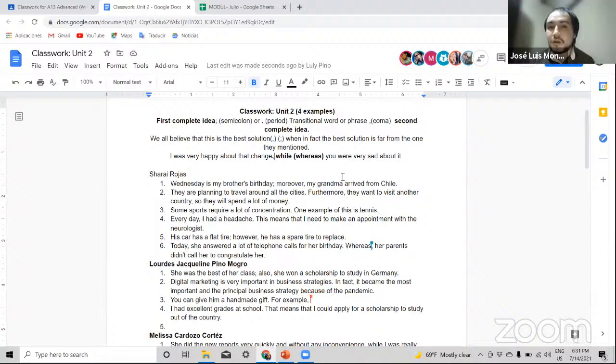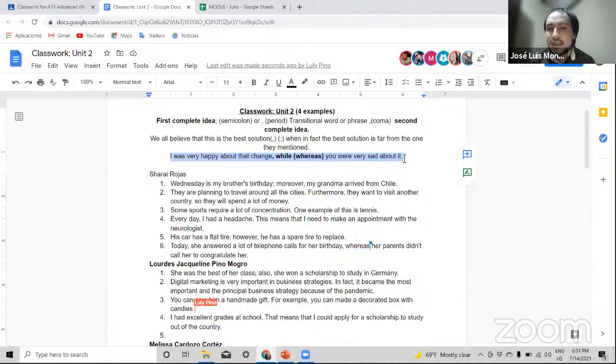Only as in this example, then, Shadai: I was very happy about that change, comma, while, or comma, whereas, you were sad about it. But I don't use a second comma. Only one comma before and no comma after it. And at maximum, we can use a semicolon.